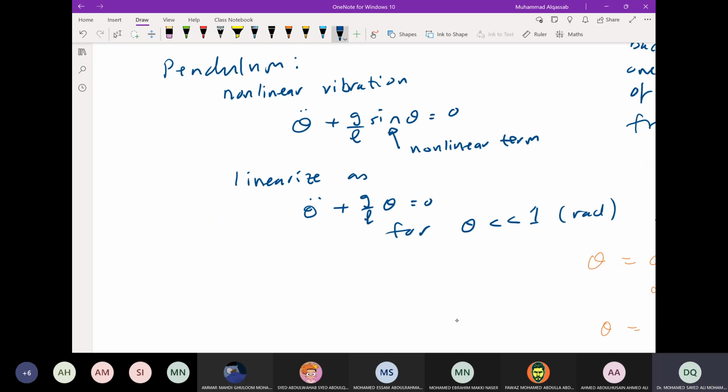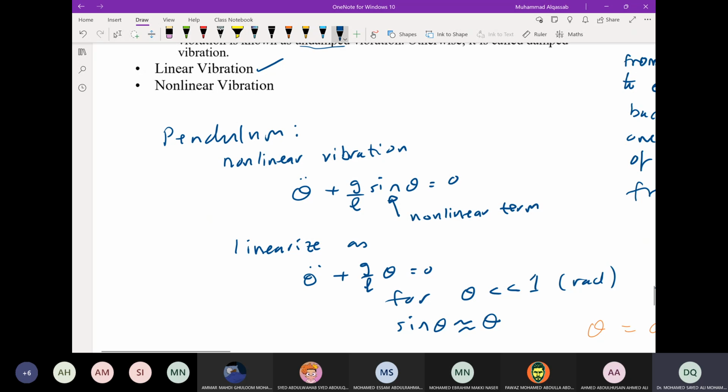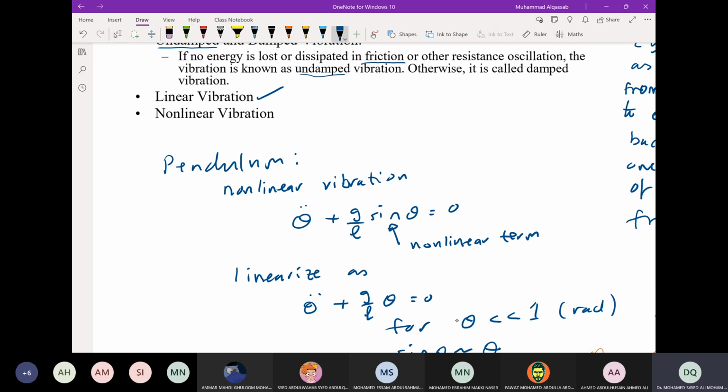Okay, for theta very much smaller than 1, sine theta is theta. You can do this for small oscillations. This is one way of saying nonlinear: when the differential equation has a nonlinear term, or when the deflection is large, or large oscillation.